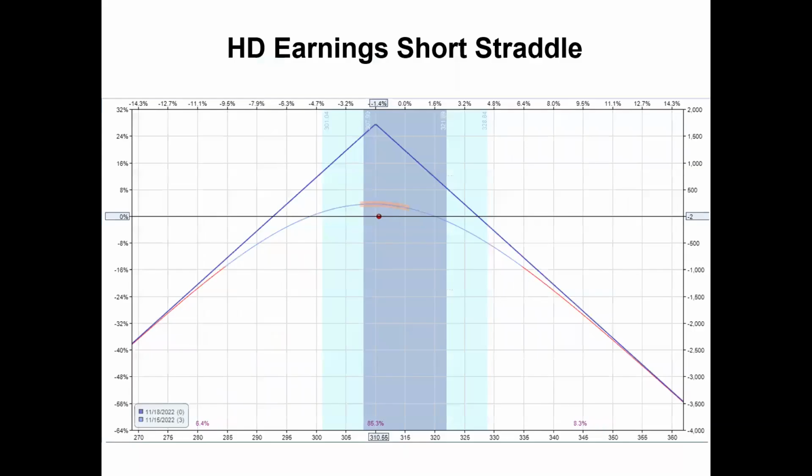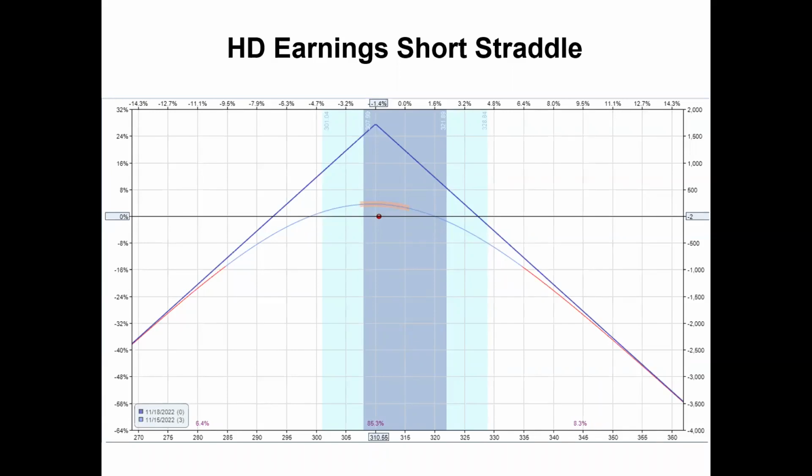Here's a previous example. Some people will like to trade this strategy over earnings. As I said earlier, it is risky because sometimes the stock will make a big move, but in this case, we see an example where HD didn't move very much after their earnings announcement. There was a big drop in implied volatility, which generally occurs after that unknown event has occurred, and the trade ended with a nice profit.